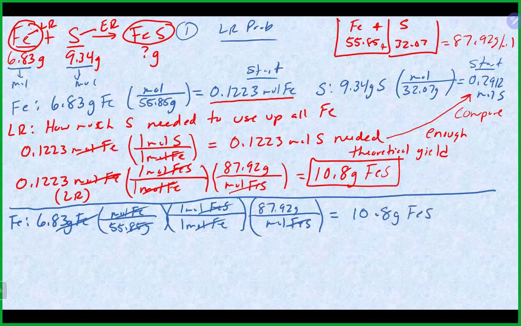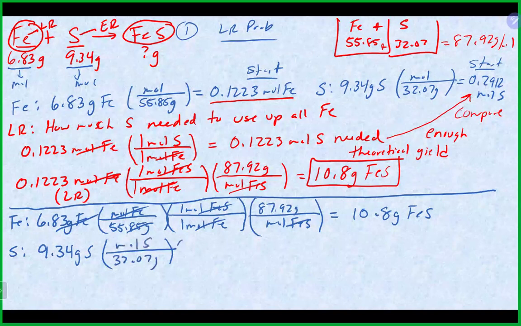You then would do a calculation with sulfur, starting with the grams of sulfur, 9.34 grams of sulfur. You would convert it to moles, 32.07 grams per mole of sulfur. You would do the mole-to-mole relationship between sulfur and the product, which also is a 1-to-1 in this case.